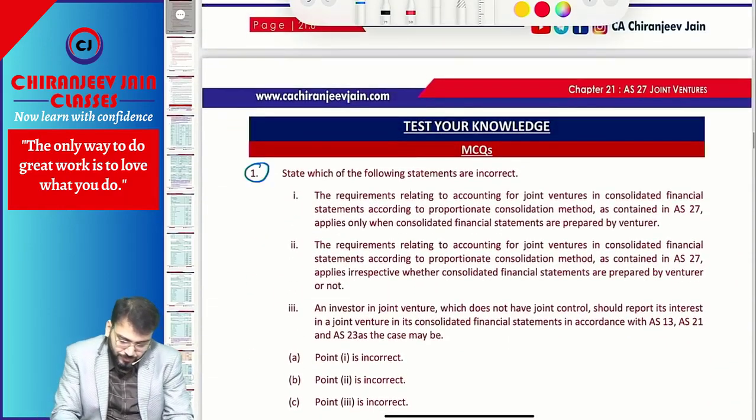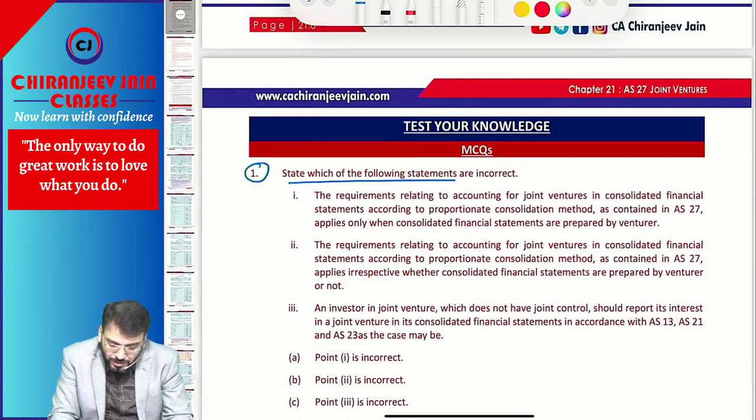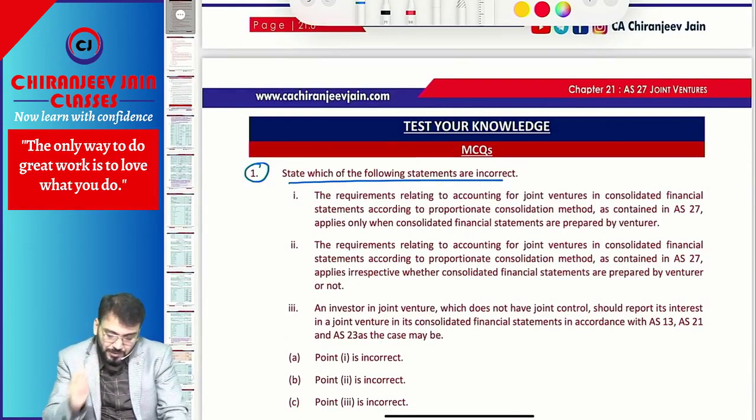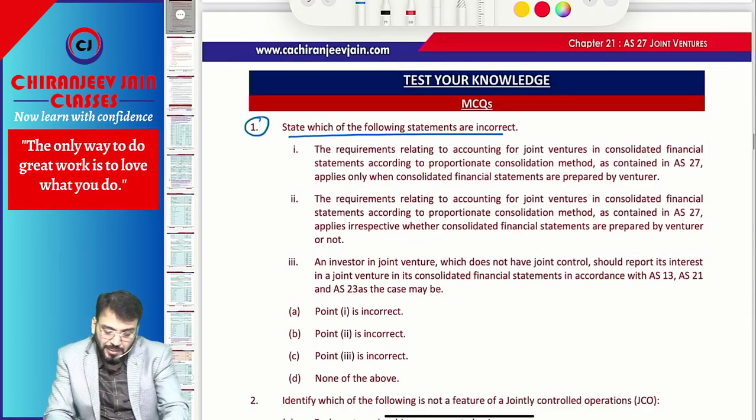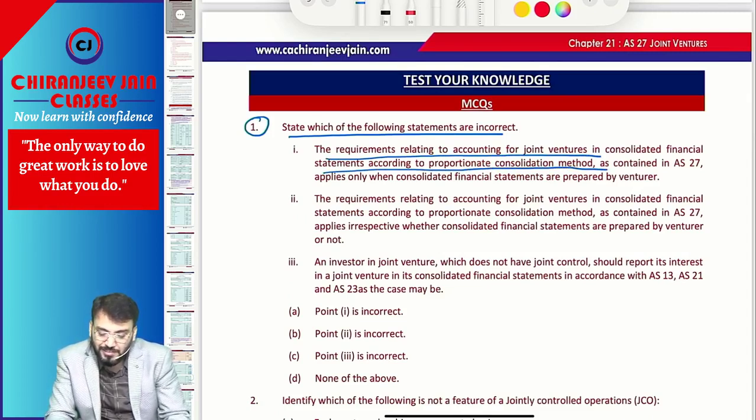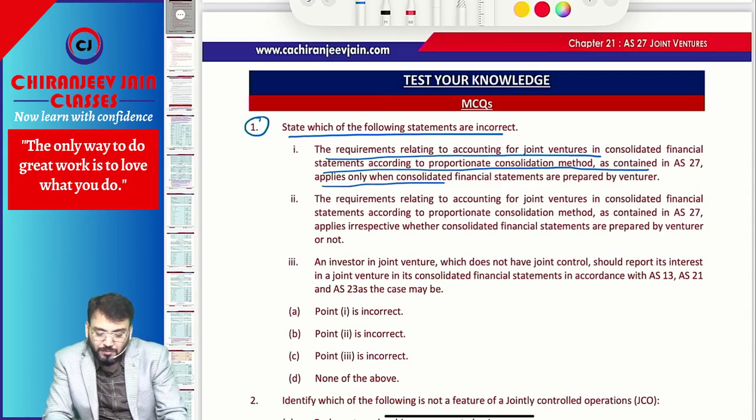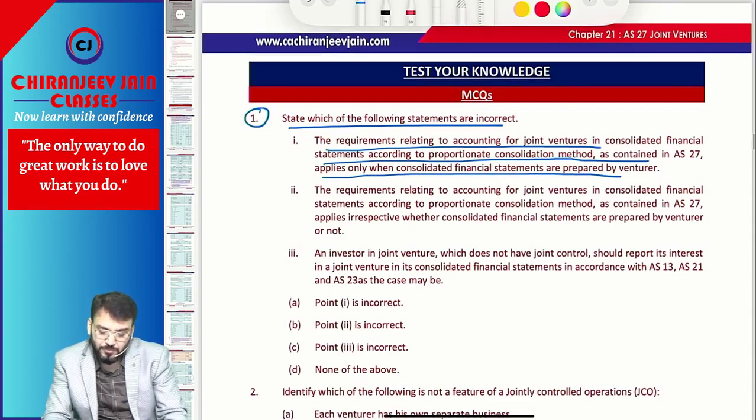Point number 1. State which of the following statements are correct. The requirement relating to accounting for joint venture in consolidated financial statement according to proportionate consolidation method as contained in AS 27 applies only when consolidated financial statements are prepared by the venturer.